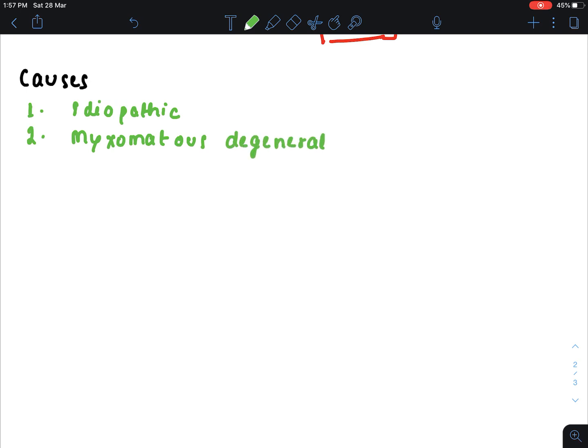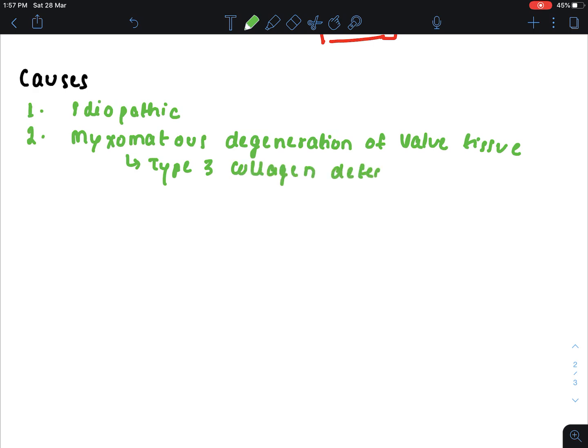There is a type 3 collagen defect. Because of the type 3 collagen defect, the chorda tendineae function gets compromised and there is upward bulging of the mitral valve. The third cause is Marfan syndrome.